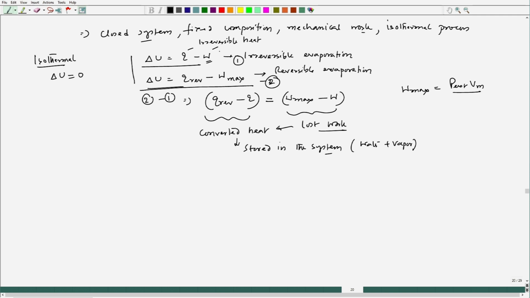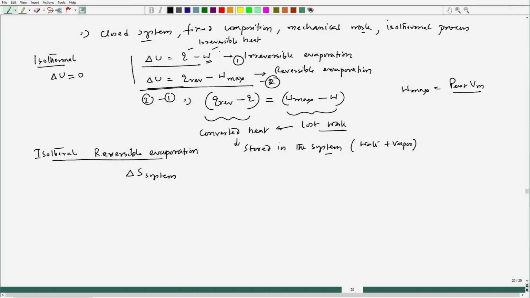Now let us calculate the entropy change during the reversible as well as the irreversible process. Let us say I am calculating del S system, and in both cases I am considering reversible evaporation, and that too isothermal.